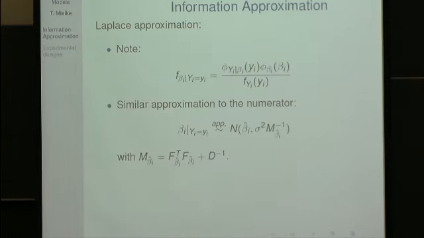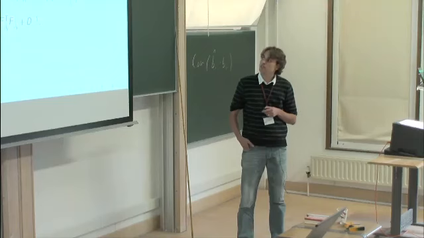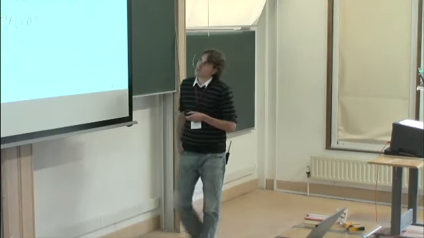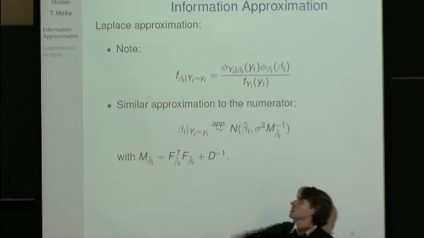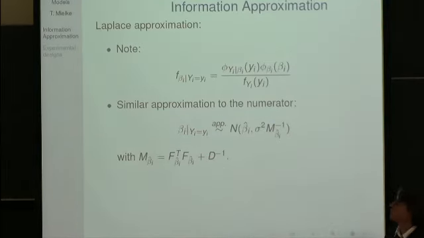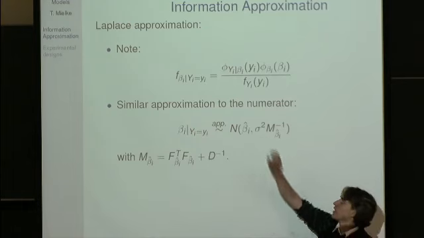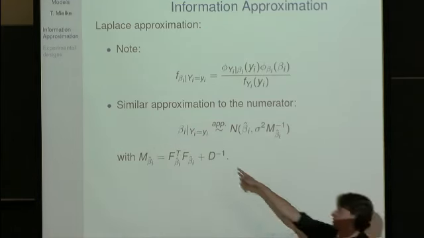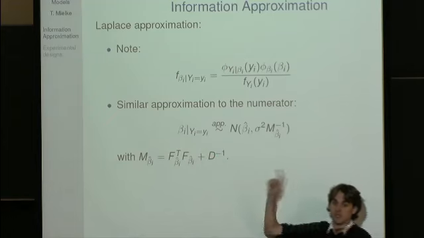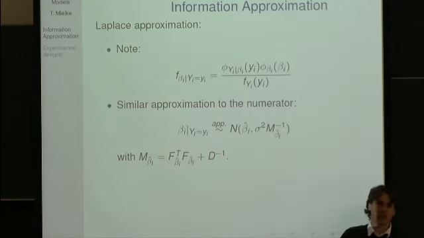And one might then use the same approximation for the numerator of the conditional density. What we then obtain is that the conditional density of beta I given some observation yi can be approximated by some normal distribution. I don't claim in any way that this is normally distributed. This isn't normally distributed, but we can just approximate it by some normal distribution.